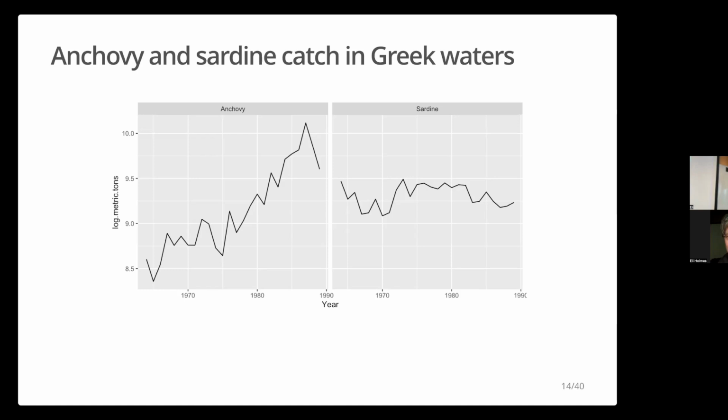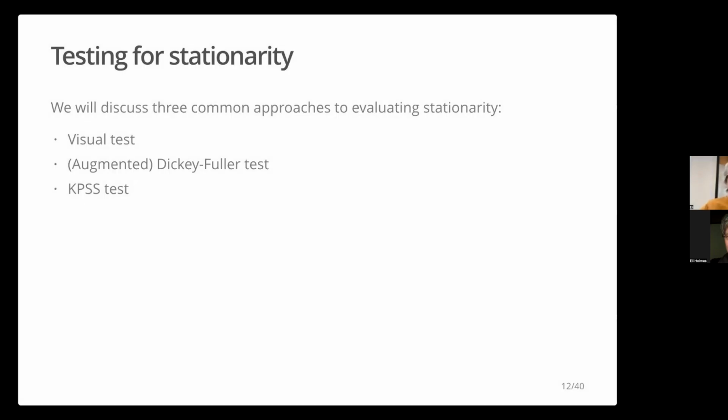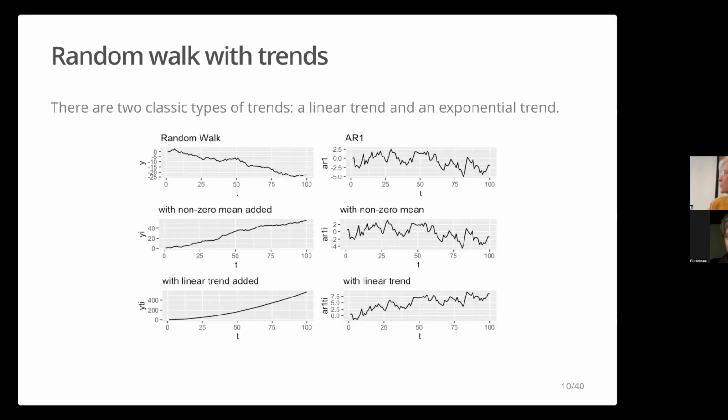Random walks don't really do that. A random walk can definitely have, just by chance, a trend. Watch this. Here, this was just by chance. It doesn't have that kind of saw shape that we see in this data.